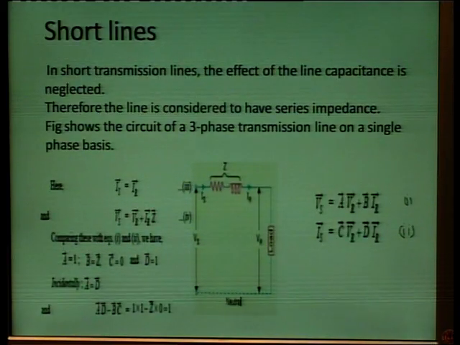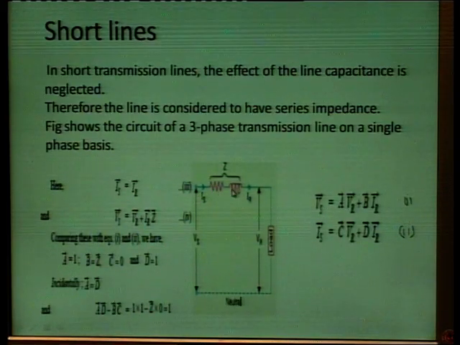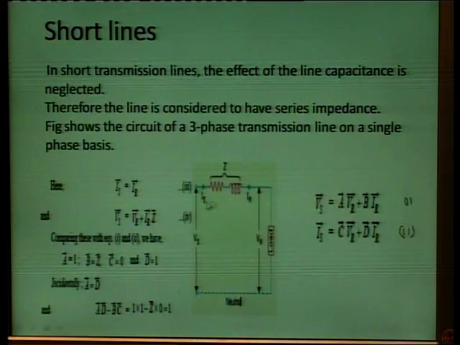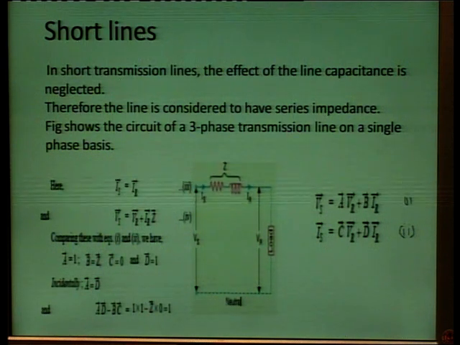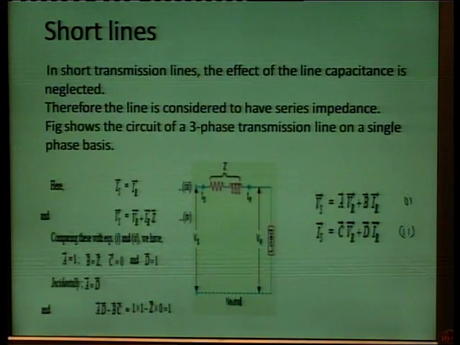Now if we consider the short transmission line represented by Z, containing a resistance part and an inductance part, we want to form the equations of the short line in terms of sending end voltage and sending end current, so that they can be compared with the generalized circuit constants equations.